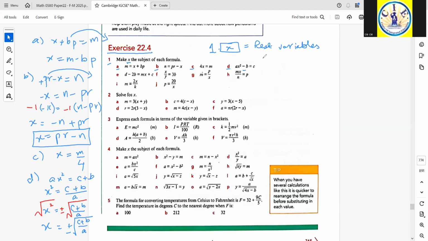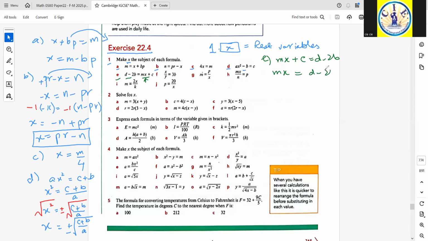Now let me do part E. I need to make X the subject. So I'm going to first of all shuffle the sides of the equality. That makes no difference because the left hand side of this equality is equal to this right side, so obviously the right side would be equal to the left side. Now mx would remain as it is.